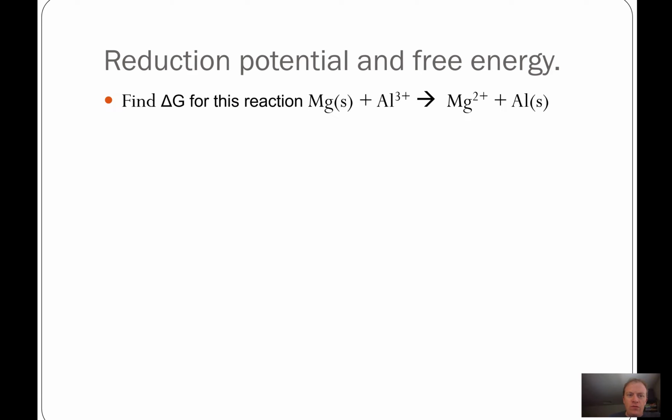So finding the delta G for this reaction that we already looked at, do we expect a positive or negative answer for this? We expect a negative answer because we already figured out that it has a positive voltage, which means it's a spontaneous reaction, and therefore its delta G should be negative.